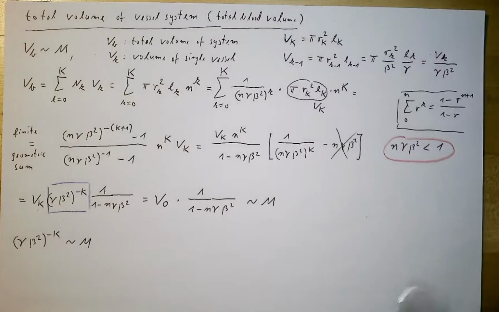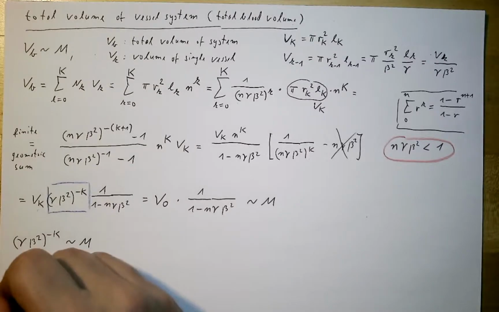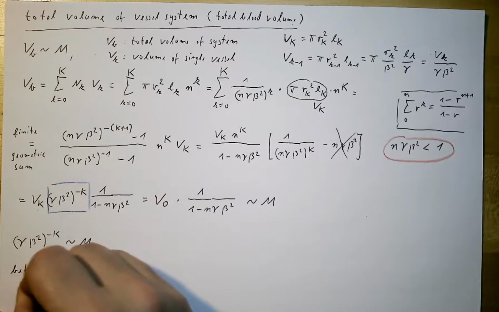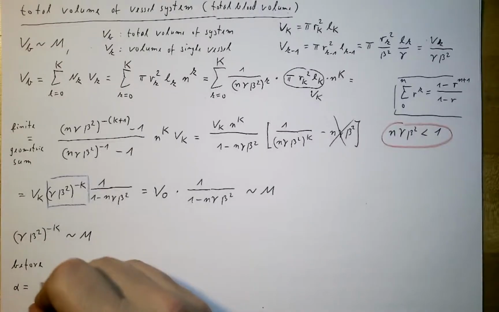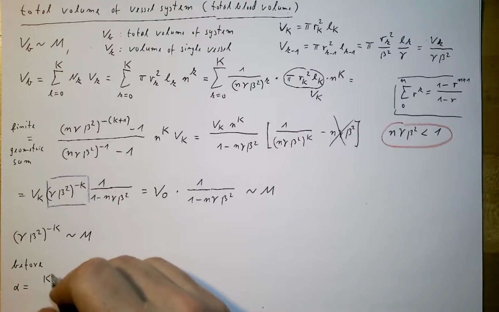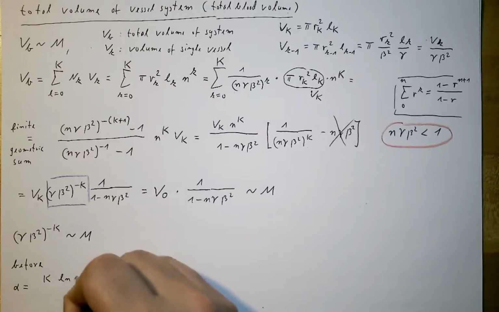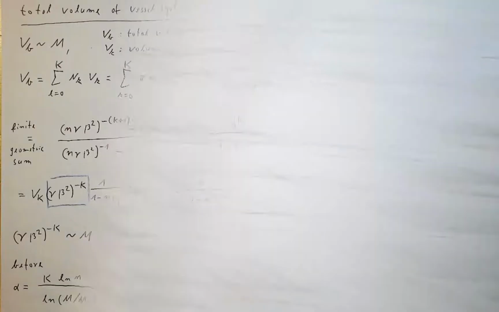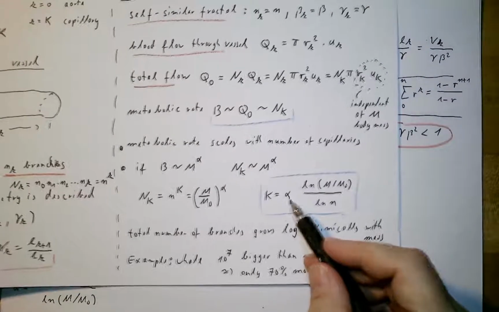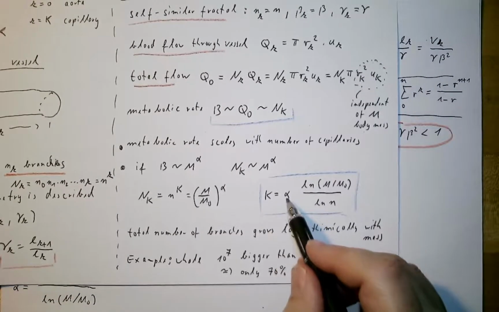Before we had alpha equals k ln n divided by the logarithm of the mass.